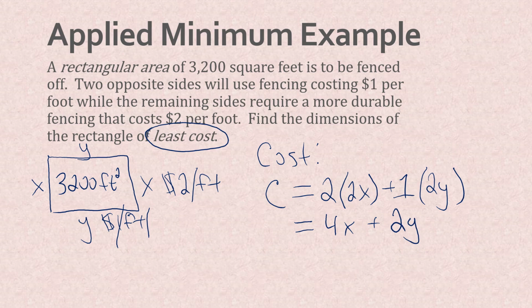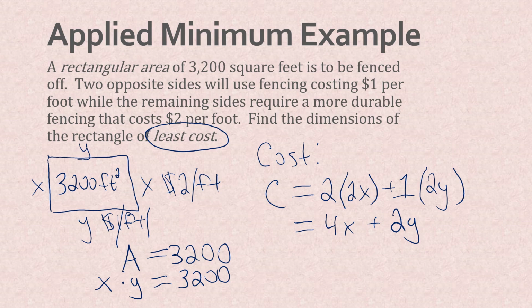Now we need a constraint because this is a function of two variables. But our constraint is that it has to be an area of 3,200 square feet. But we know that the area is going to be x times y, from the picture.